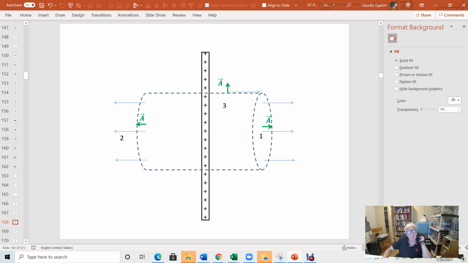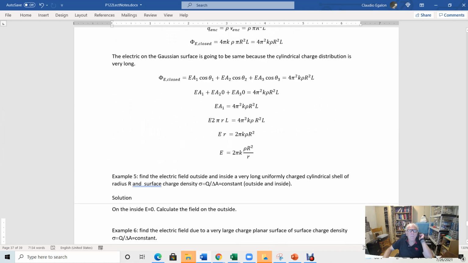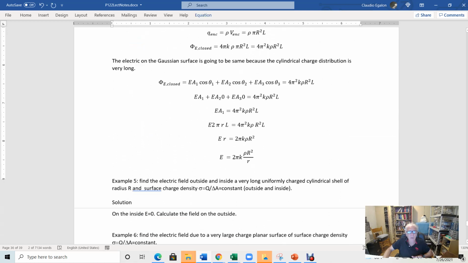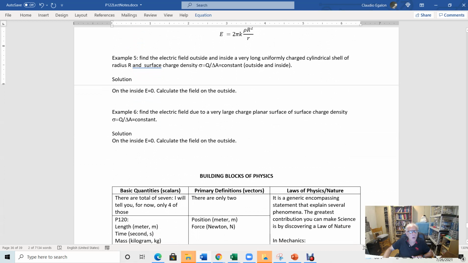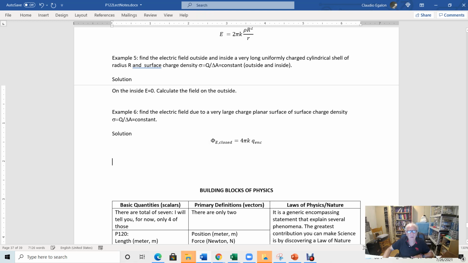So let's go ahead and repeat everything. First, we find what's the charge enclosed, the charge that is enclosed. Okay? The charge enclosed by that cylinder.